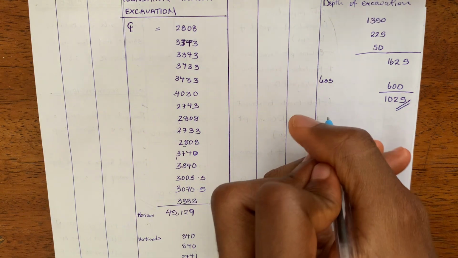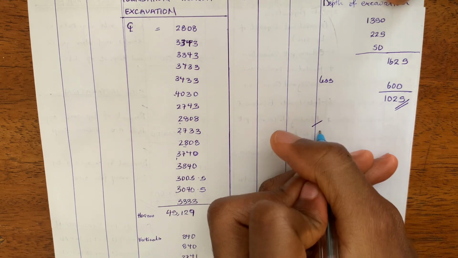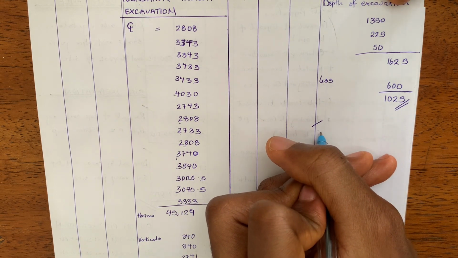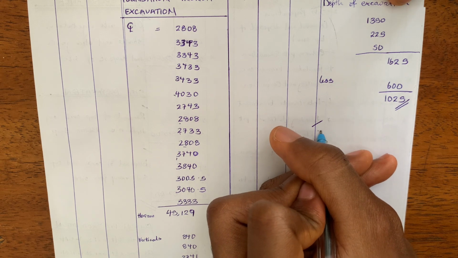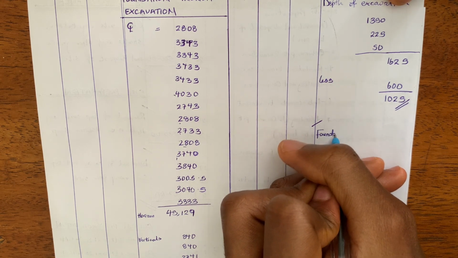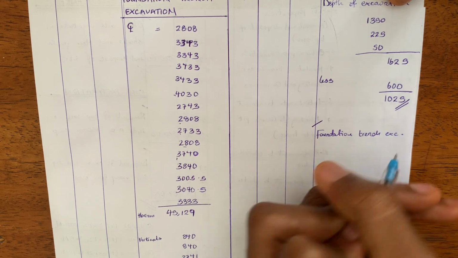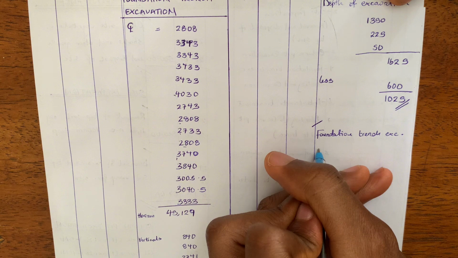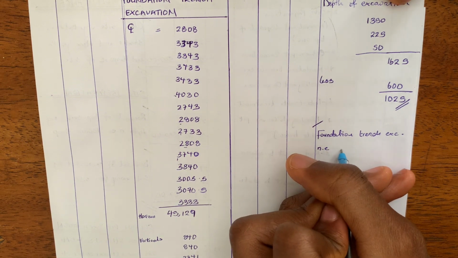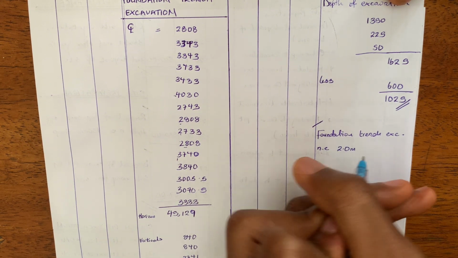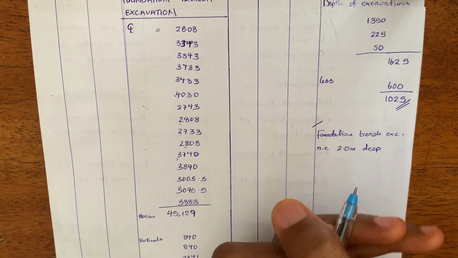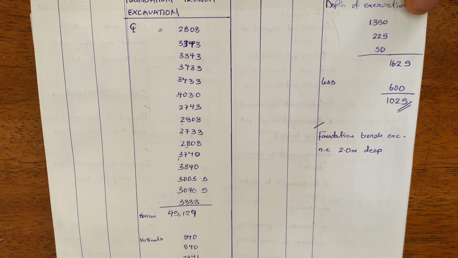So we can now describe it: foundation trench excavation not exceeding 2.0 meters deep. So this is our description. So with this we can now put in our measurements.